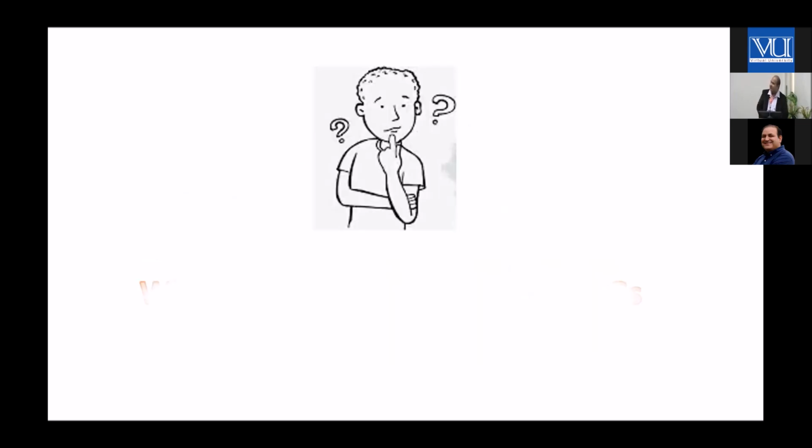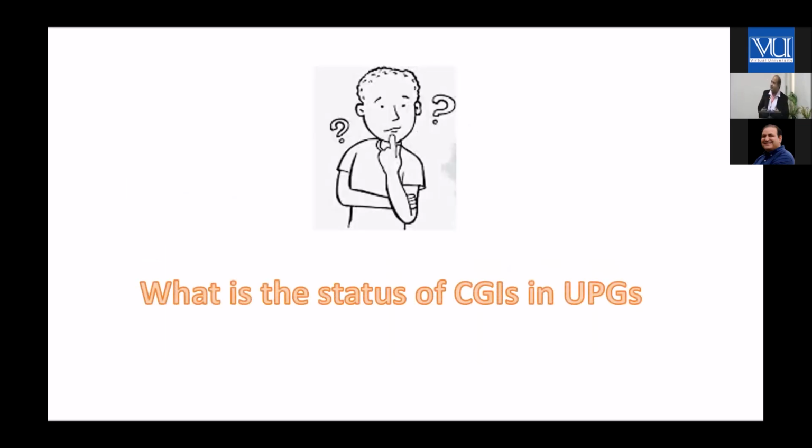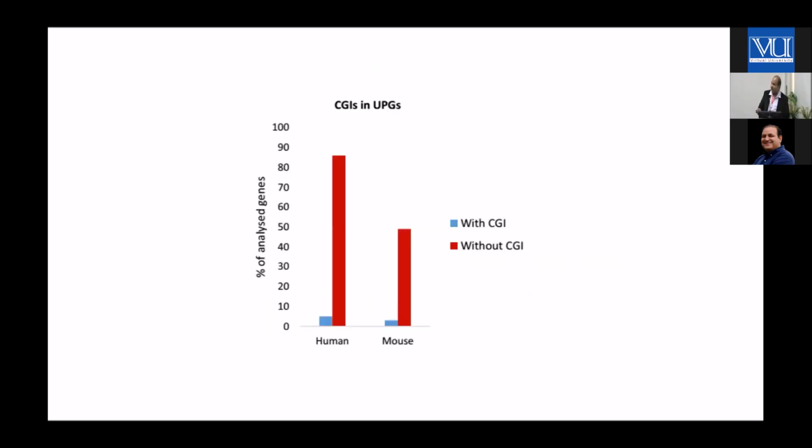And then from here we made a sort of hypothesis: what is the status of CpGs in these unitary pseudogenes? Of course, that was the most natural question which would have come to anyone working on this side of things.